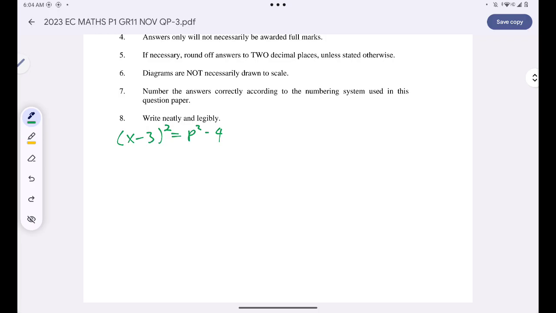The first thing we need to do is to remove the brackets. I'll have x squared minus 6x plus 9 is equal to p squared minus 4. Right, together.